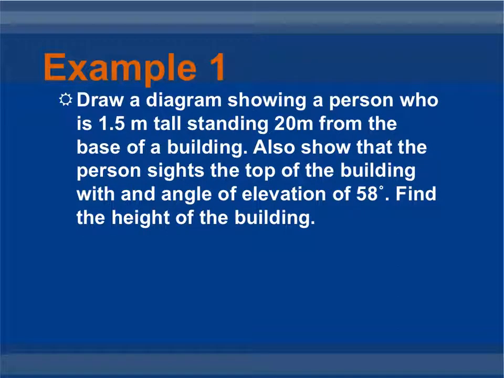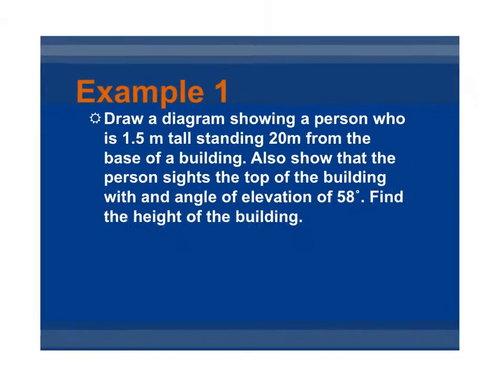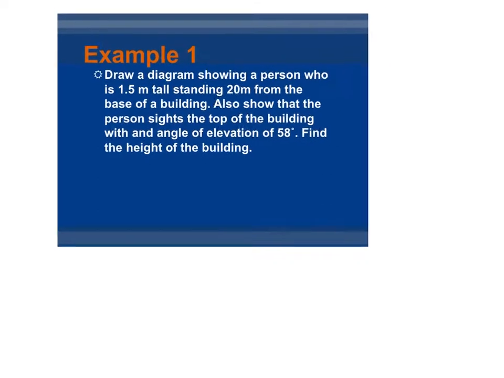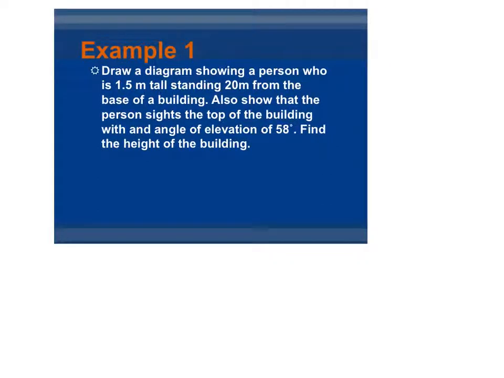Example 1, it says to draw a diagram. The diagram's not in here, so I'm going to draw a picture. It says, draw a diagram showing a person who is 1.5 meters tall. So I'm going to draw my little stick figure here. And I know this guy is 1.5 meters tall.